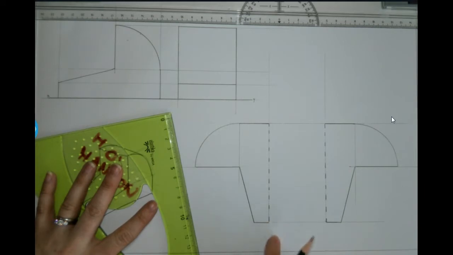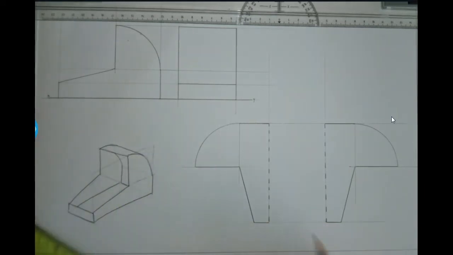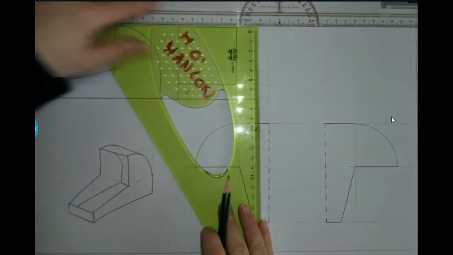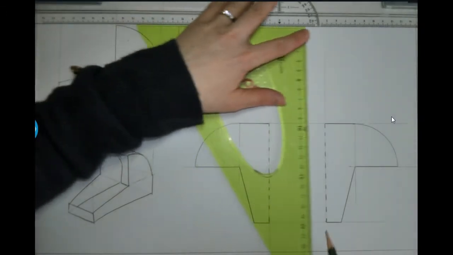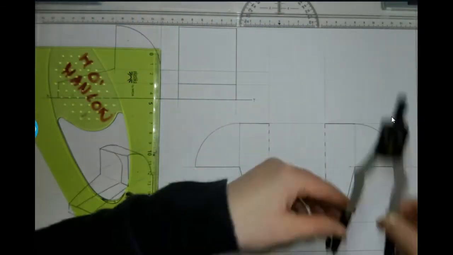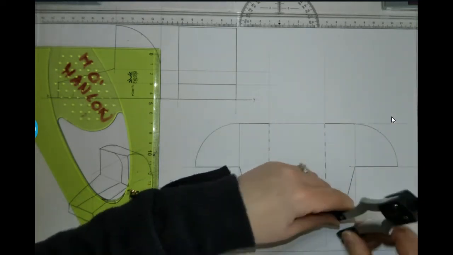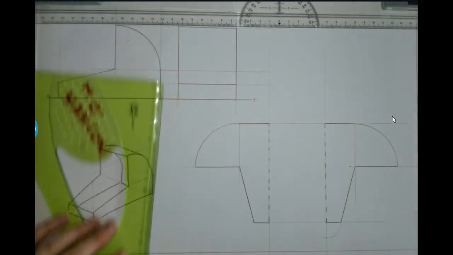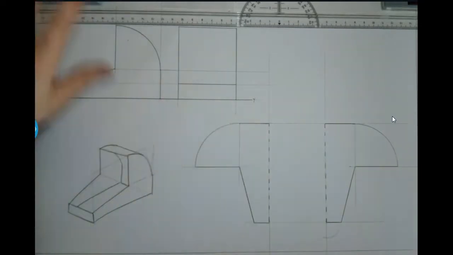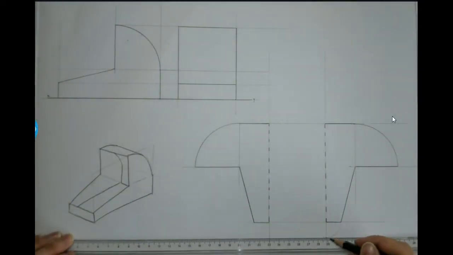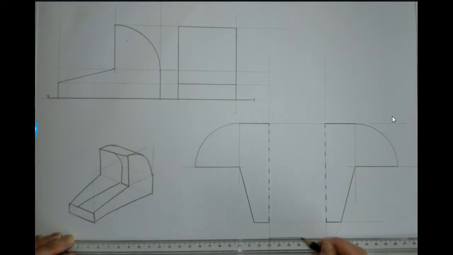Lovely. Now I'm going to have the front piece just here. Now just a little trick. Just going to bring these 2 lines down vertically. I'm going to get my compass and measure this distance, and I'm going to lightly swing an arc. Now that's giving me this point here, and I'm going to bring that horizontally across.